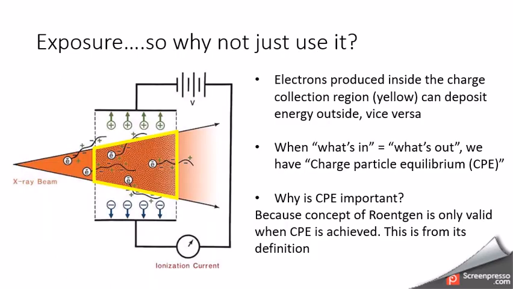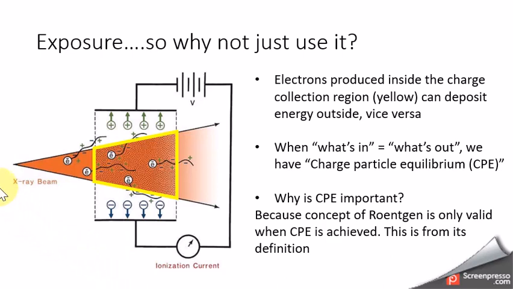So in radiation therapy, we don't hear exposure very often. And why is that? If exposure seems very convenient, why don't we just use it? So here's a diagram that discusses how ionization is produced and measured if we go by the concept of exposure.